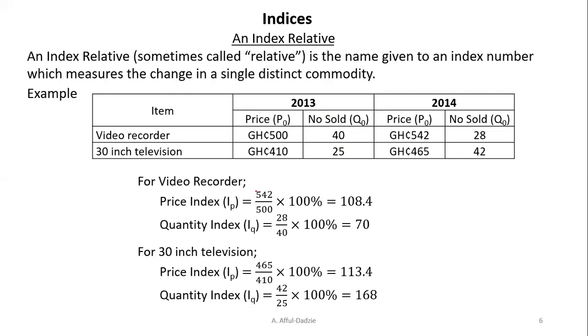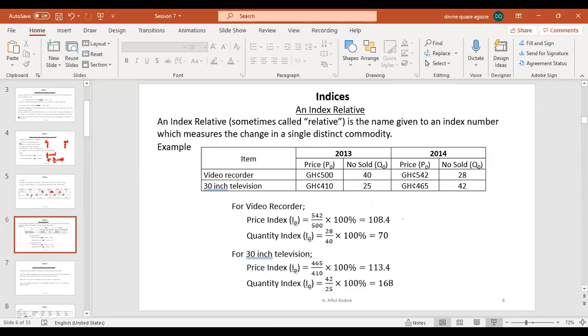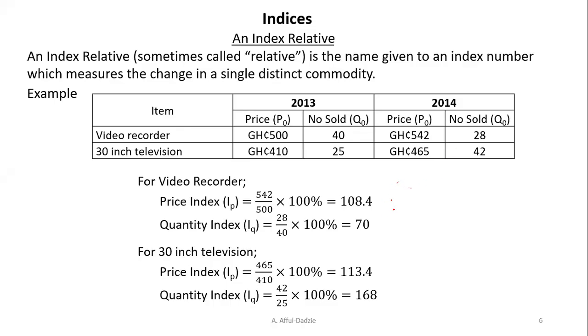So if 2013 is the base year, then for video recorder, the price index is 10.84, meaning that there is an 8.4 percentage point increase.